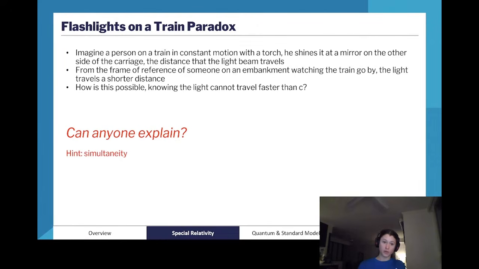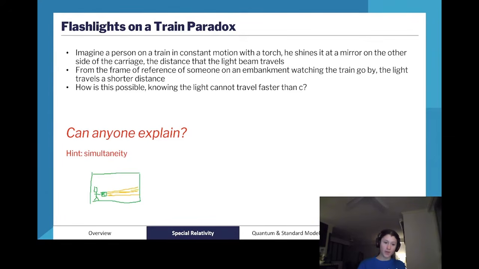I'm just going to draw a quick diagram of this. So, for the person on the train, what he's seeing is the light from the torch to the other side of the carriage.